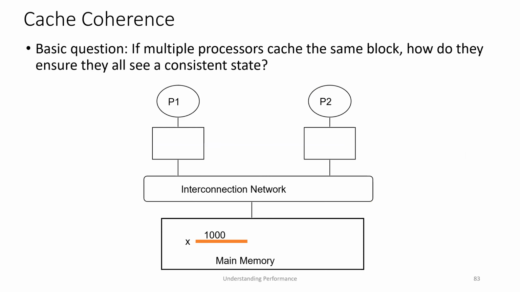So let's come to the coherency aspect. If multiple processors want to use the same cache block, how do we ensure that they see the same consistent state? Now let's try to understand that. Let's say we have two processors, P1 and P2, which have private caches, and then we have the memory, right?